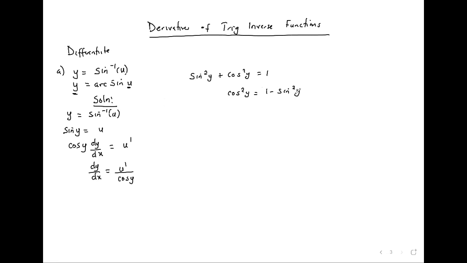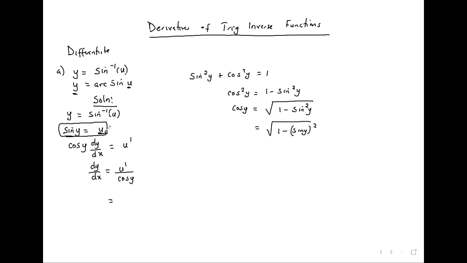Now, since we said that u is equal to sine y, the best option to change cos back to u is to pass through sine. So what is cos in terms of y? Cos y is the square root of 1 minus sine squared y. This can be written as the square root of 1 minus sine y squared. But we just said that sine y is equal to u from here.